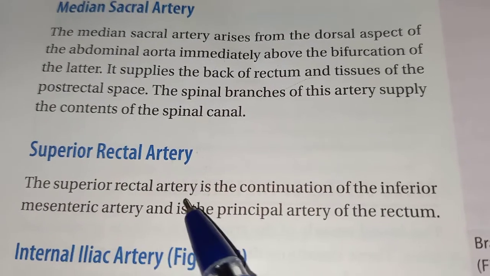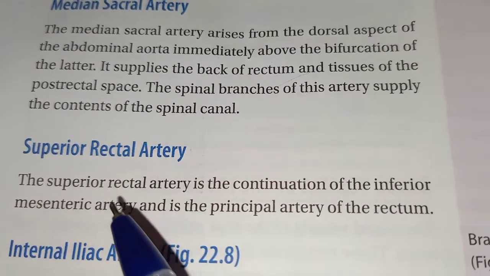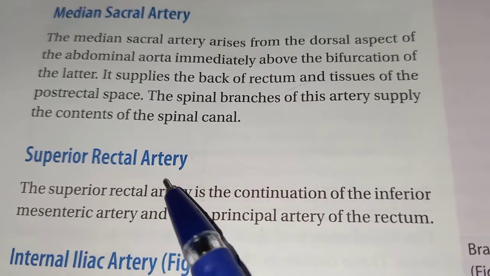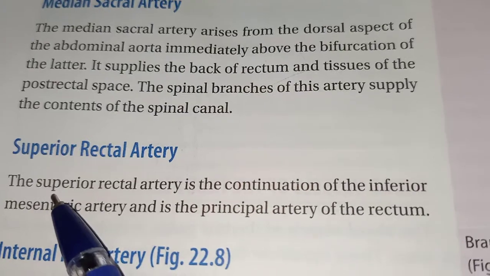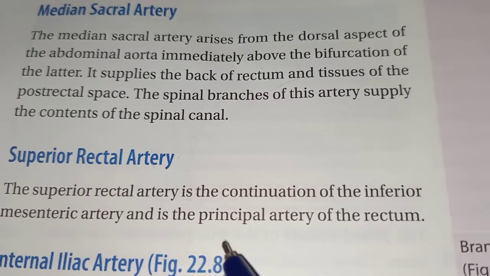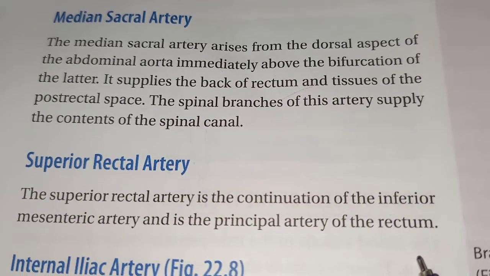So the superior rectal artery is a continuation of the inferior mesenteric artery. The inferior mesenteric artery continues as the superior rectal artery, and it's the principal artery of the rectum. This is the main artery which is supplying the rectum.